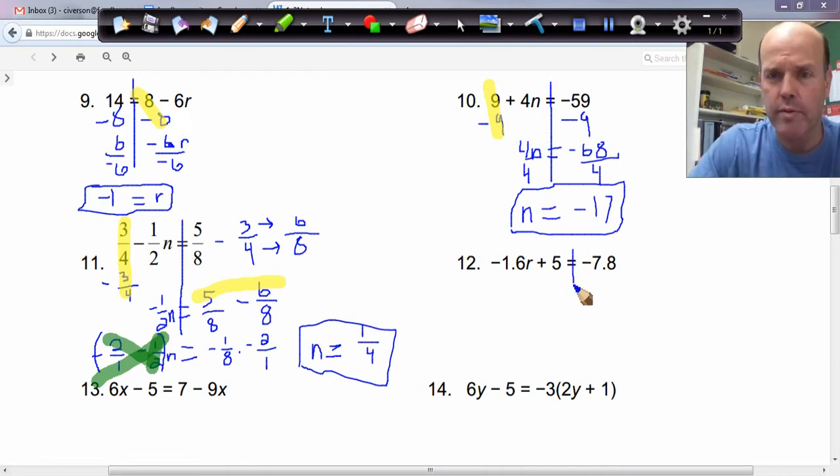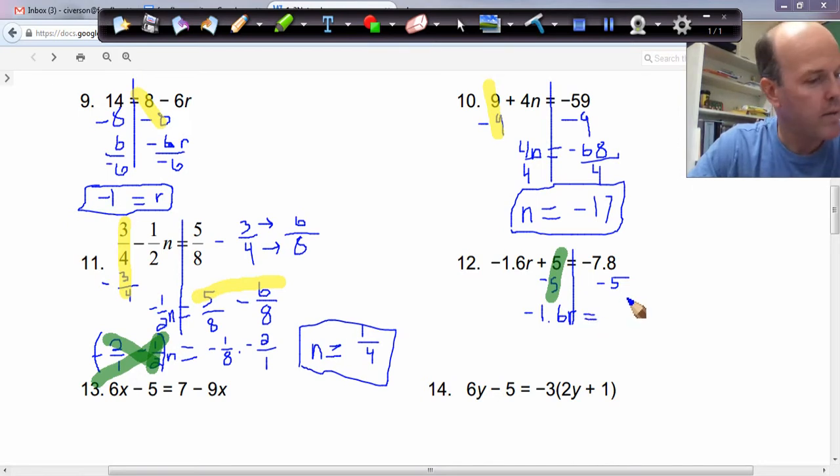Okay, number 12. I'm going to subtract 5 from both sides. Alright, those cancel. And I get a -1.6 r is equal to -7.8 minus 5 is a -12.8.